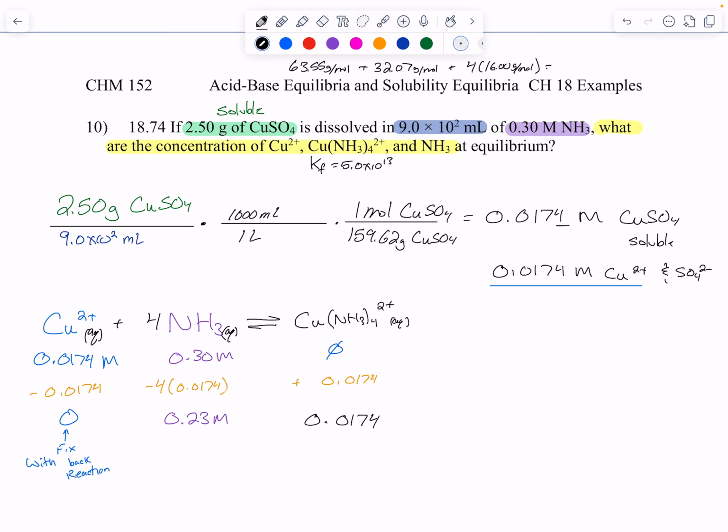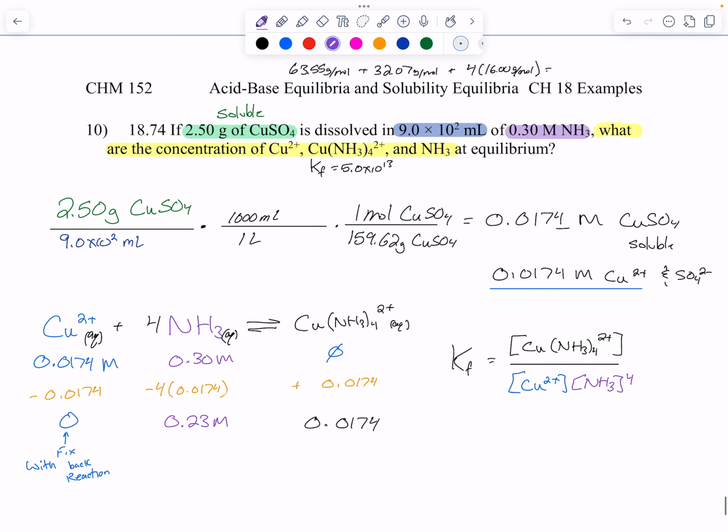All right, so now the Kf expression would be equal to our complex ion, copper(II) tetraammine, over copper(II) in solution, which we have to solve for, and ammonia, NH3, to the 4th. We're assuming we are solving for copper(II).